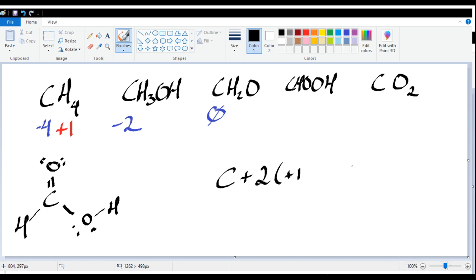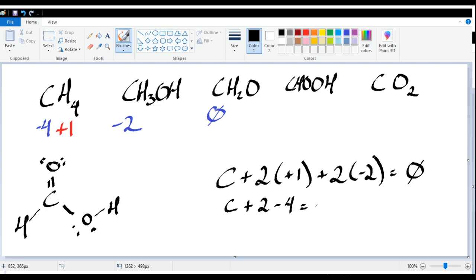Each hydrogen is positive 1. Plus our two oxygens. Each oxygen is negative 2. Has to add up to 0. So carbon plus 2 minus 4 is equal to 0. Carbon equals positive 2. So our trend continues.